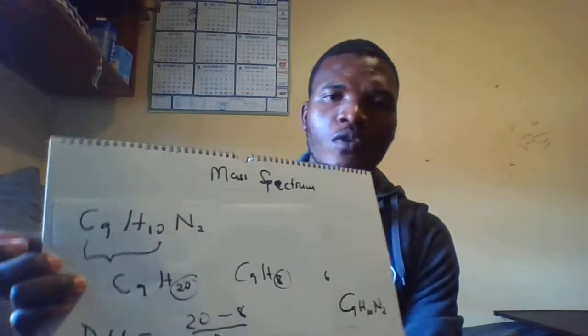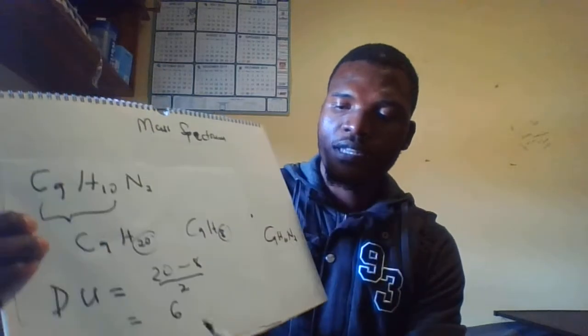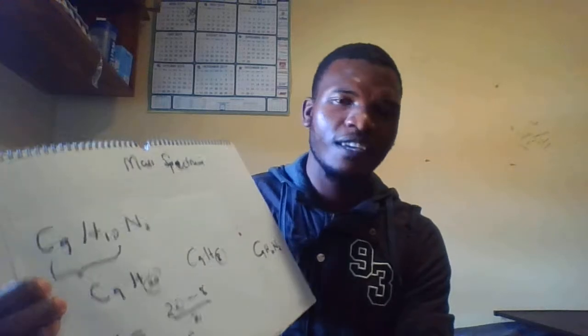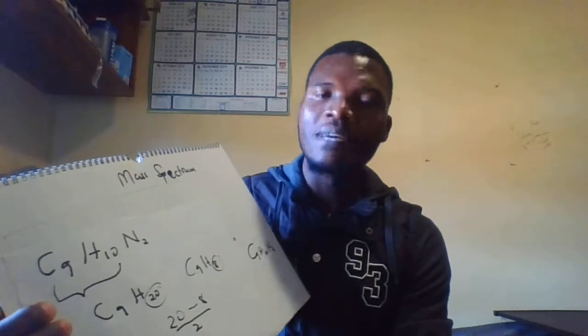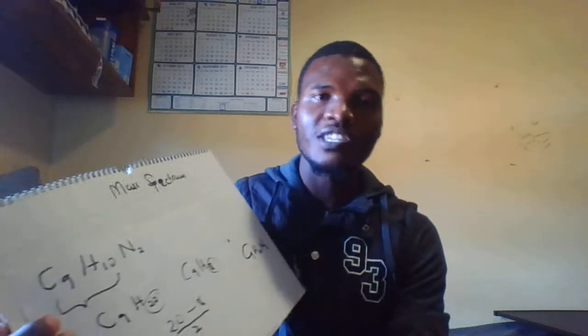One rule of thumb: whenever you get a degree of unsaturation of this magnitude, 6 for example, or 5, quickly think of a benzene ring, because a benzene ring has 4 degrees of unsaturation.